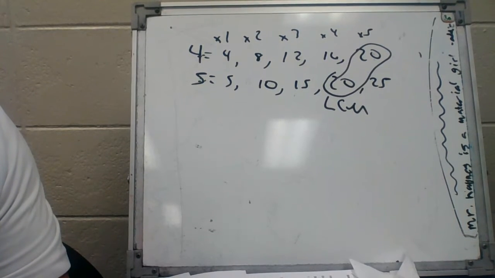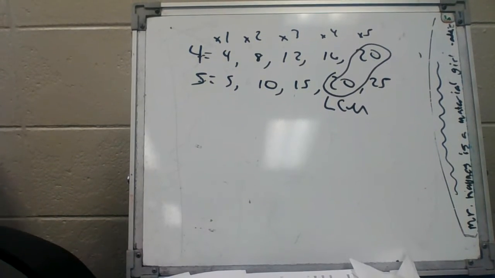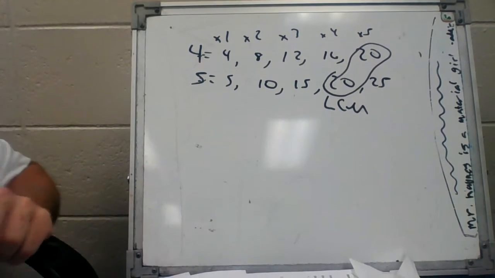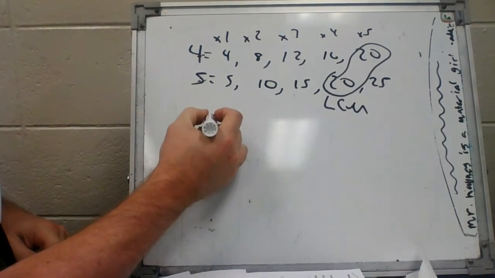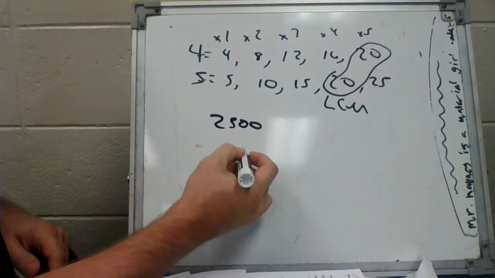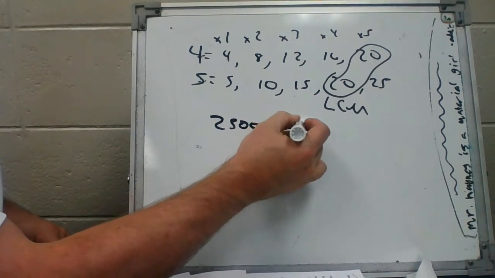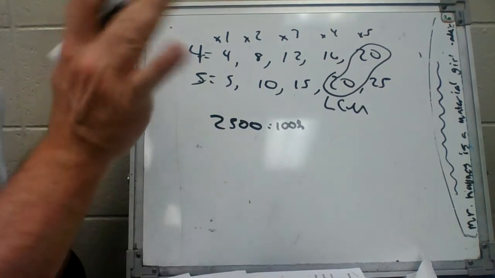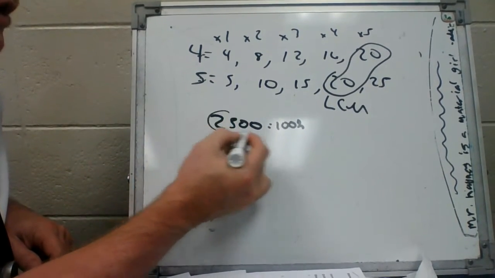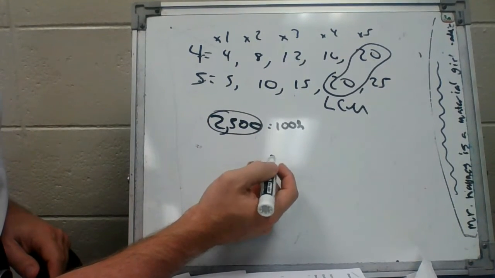So wouldn't the one I asked be $50? Okay, let's think about this logically. The goal is $2,500. So 100% is $2,500. If your goal is $2,500 and you get 100% of that, how much is that? $2,500.